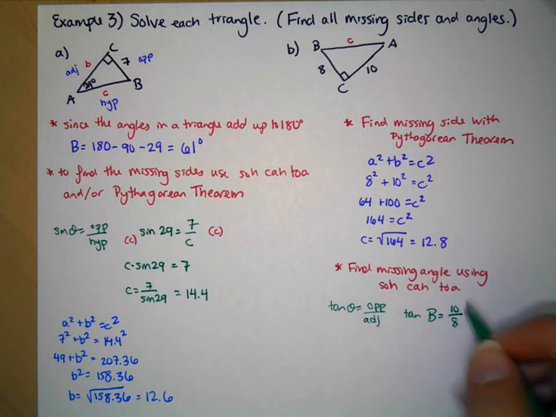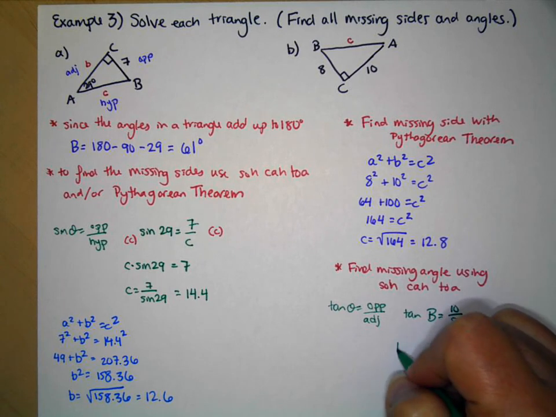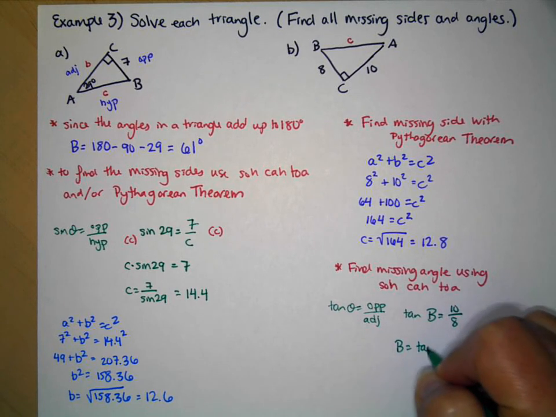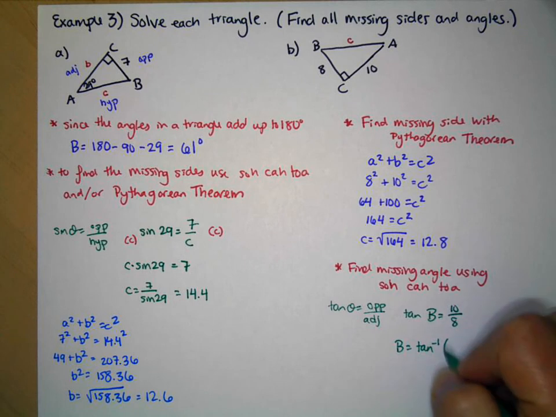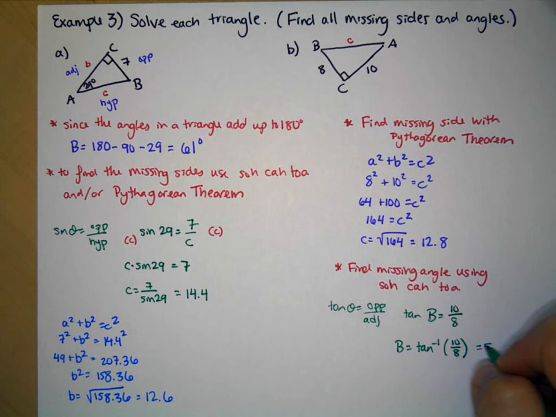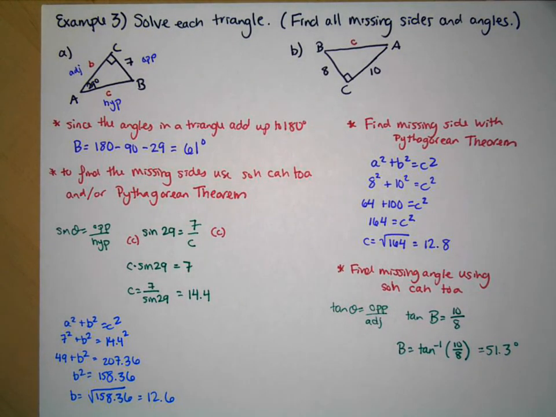Again, to undo tangent, you would have to do inverse tangent. So B is equal to the inverse tangent of 10 over 8. And if you type that into your calculator, you get 51.3 degrees.